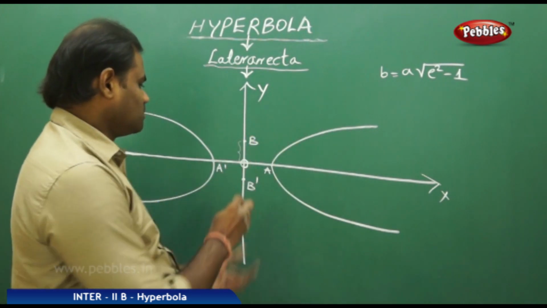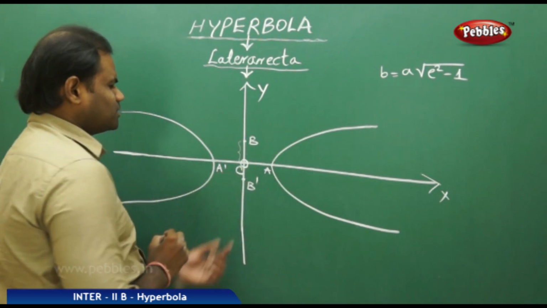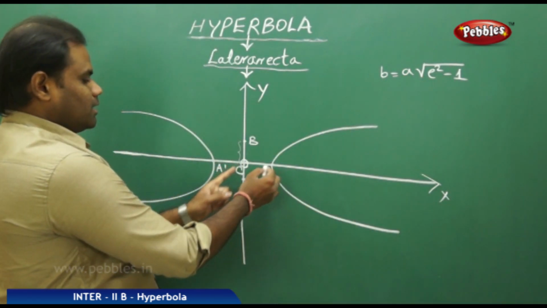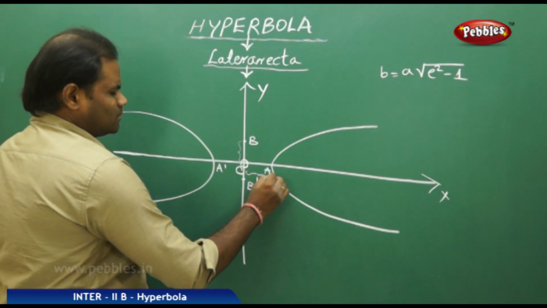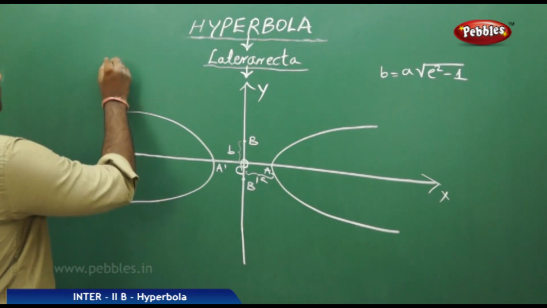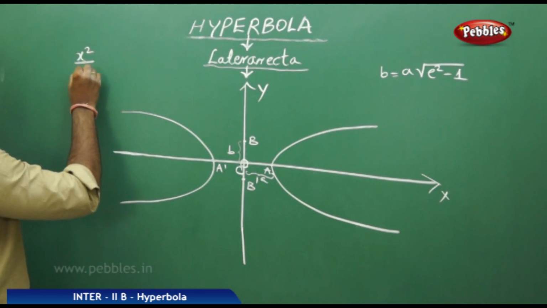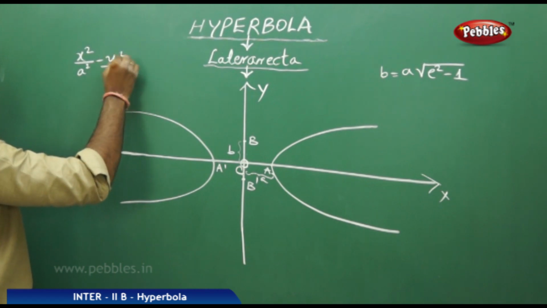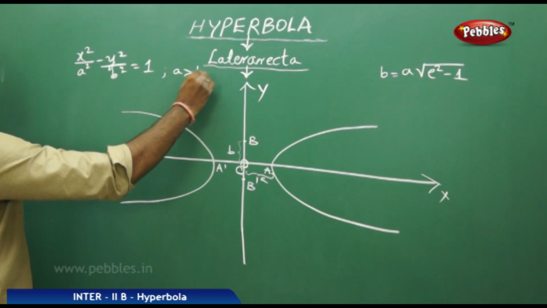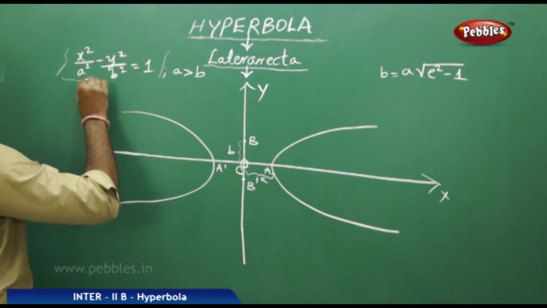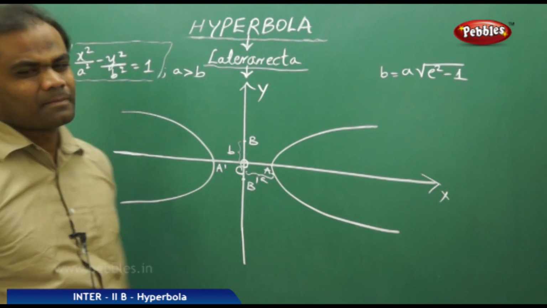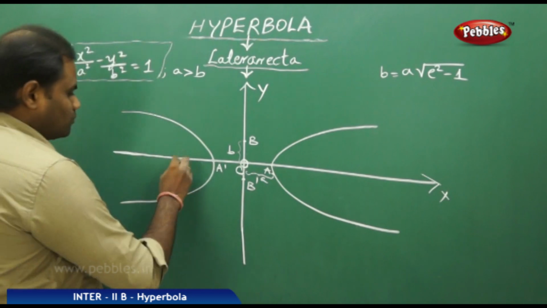The distance CB, where C is the origin, is a times root of e squared minus 1, where a is CA given here. So this is a and this is b, and the equation of the hyperbola is x squared by a squared minus y squared by b squared equal to 1, with a greater than b.